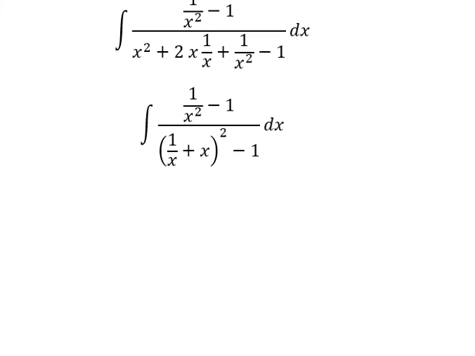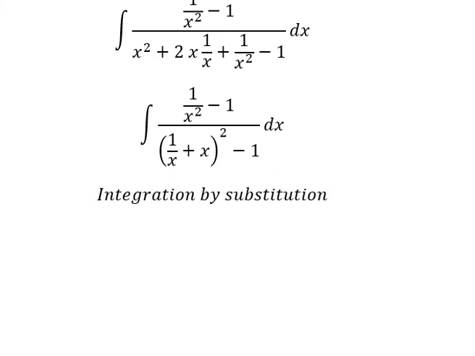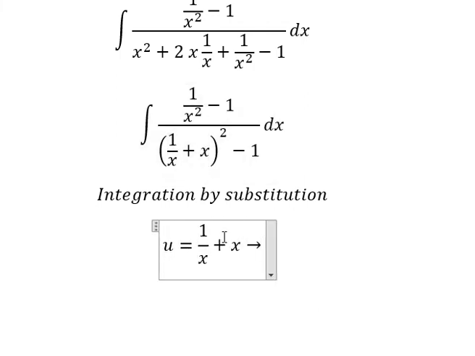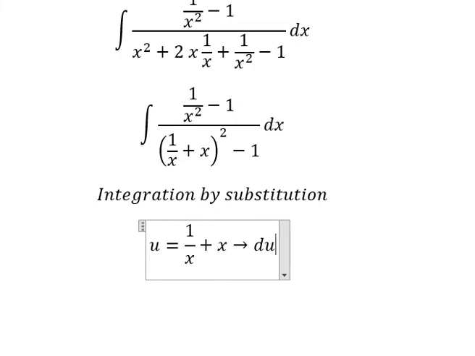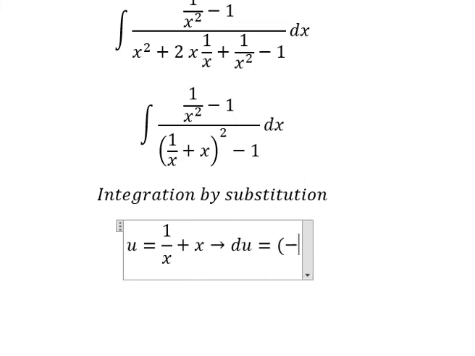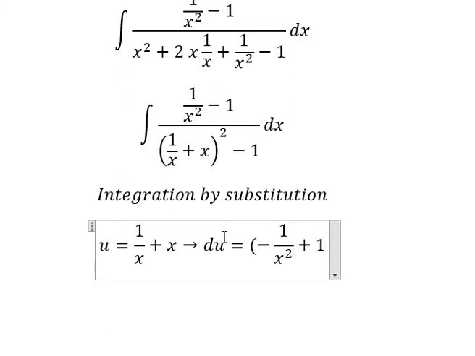Now we need to use about integration by substitution. So I will put about u equals to this one. So we do first the derivative for the both sides. We have negative 1 over s squared plus 1 ds.